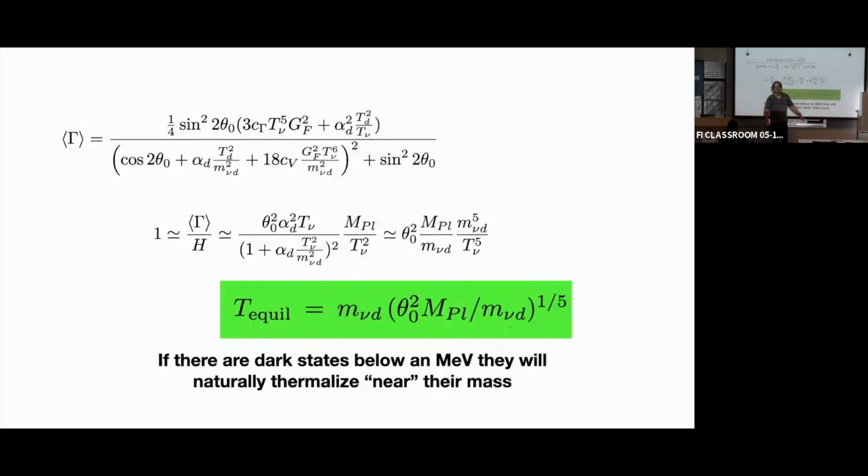So if there are dark states that are light, they will naturally equilibrate and they will naturally thermalize near their mass. They're not going to come into equilibrium at very high temperatures and lead to corrections to Big Bang nucleosynthesis and all these things. They're going to come in at late times, and they're going to have much more subtle consequences for BBN, the CMB, and large scale structure.